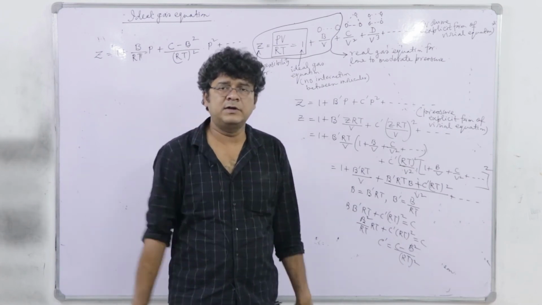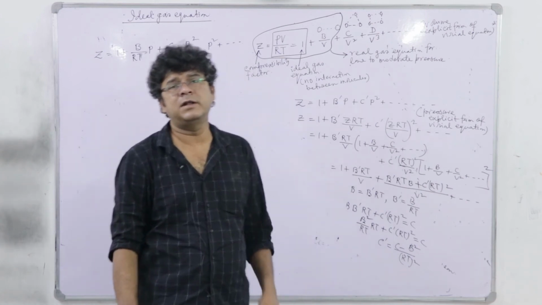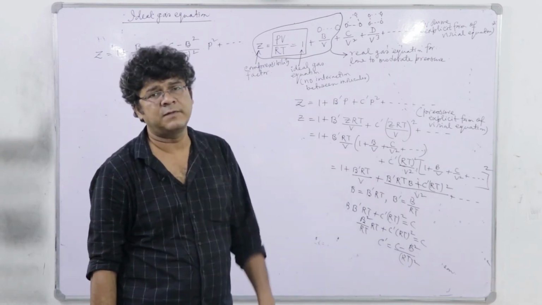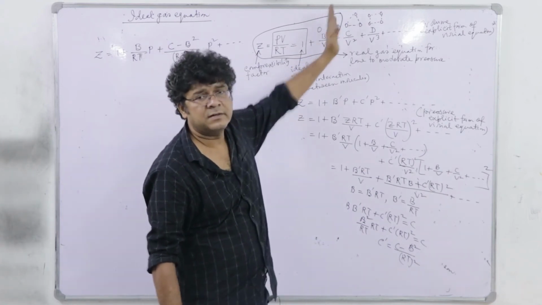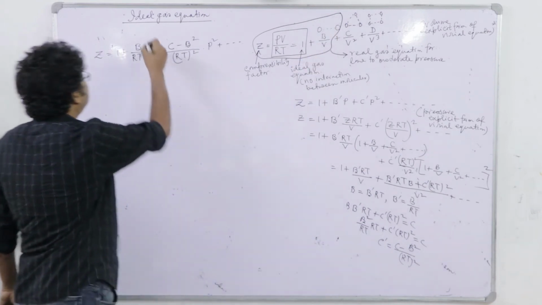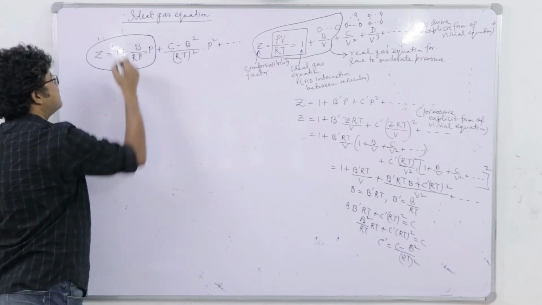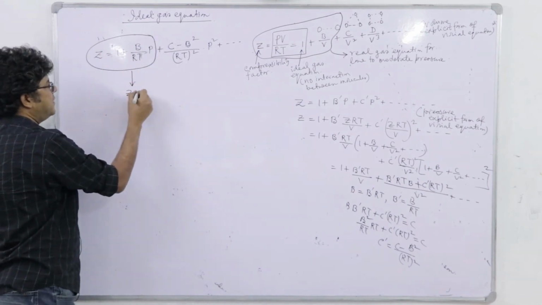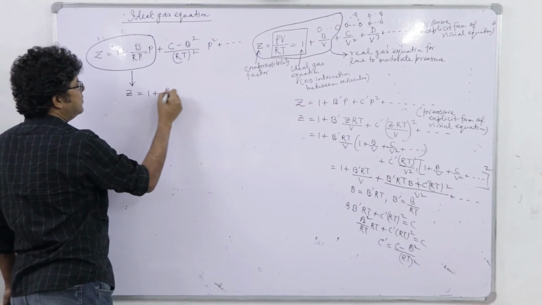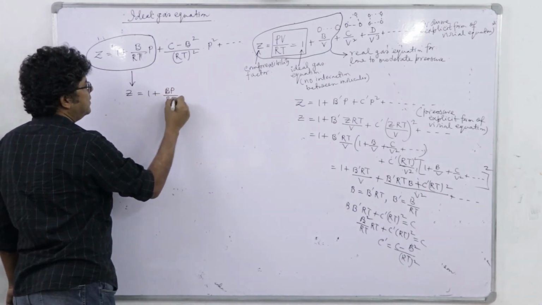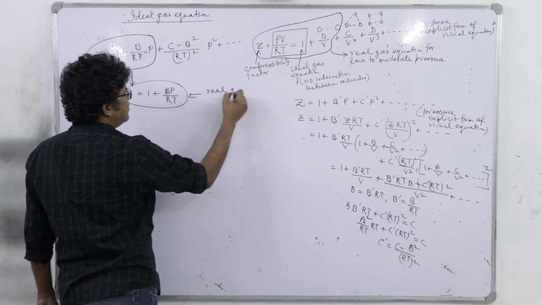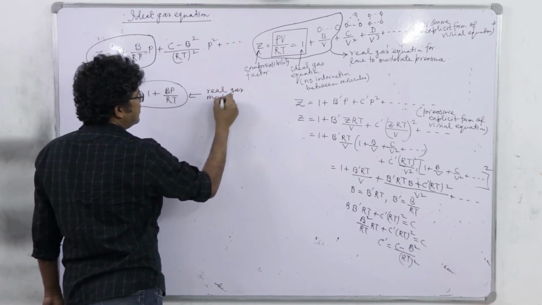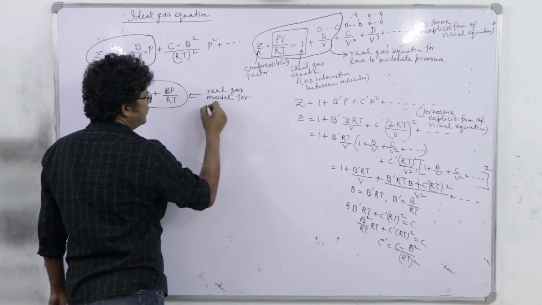So, if I want the very fundamental, very naive sort of equation for real gases, we can truncate the series here, right, just like we can truncate the series here. So, we can write that Z is equal to 1 plus Bp by RT, real gas model for low to moderate pressure.